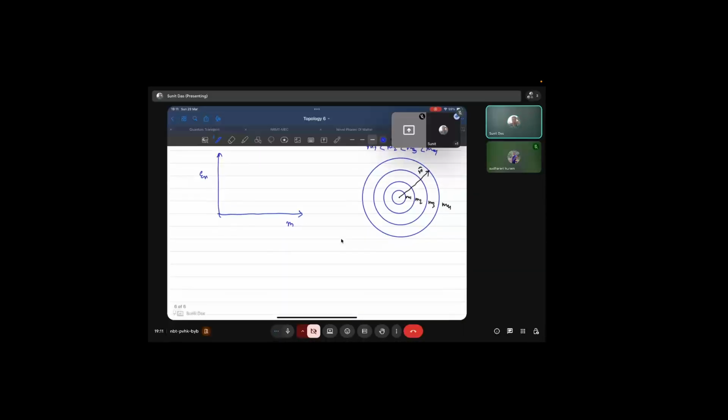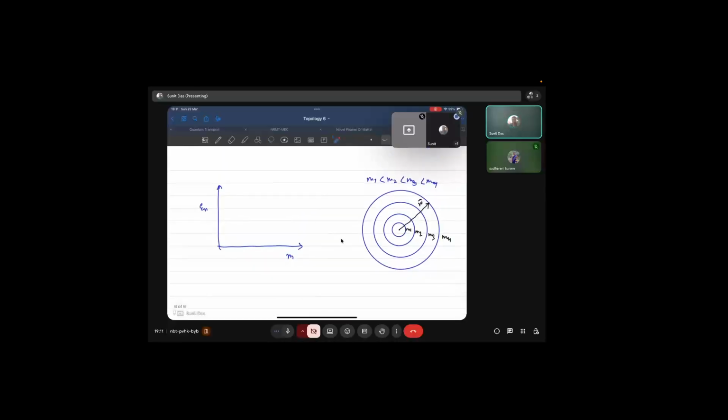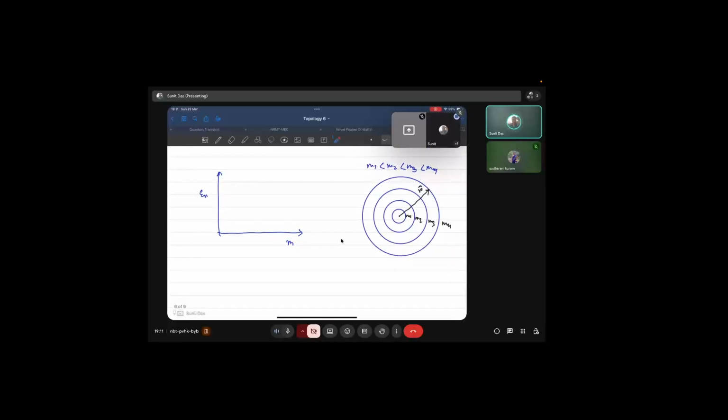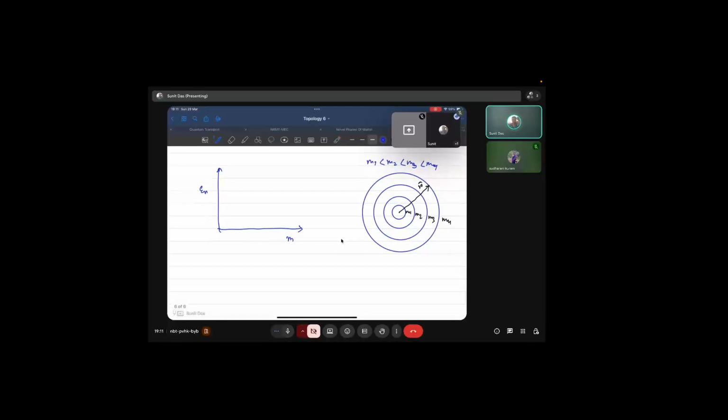So you fix, let's say, the n equal to 0 Landau level. Essentially, you have Landau levels something like this, right? And then you have n equal to 1 Landau level, let's say.